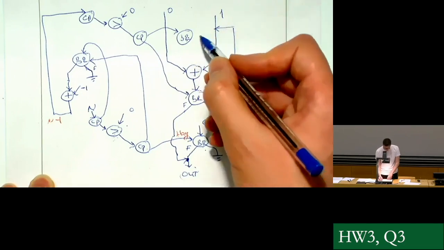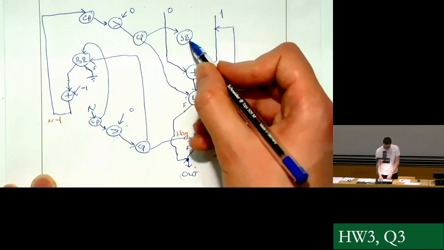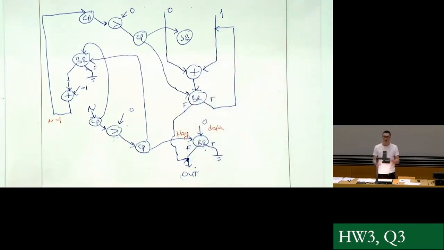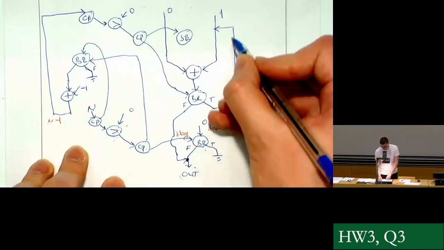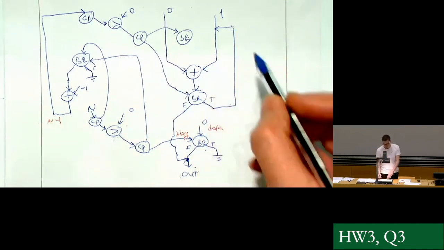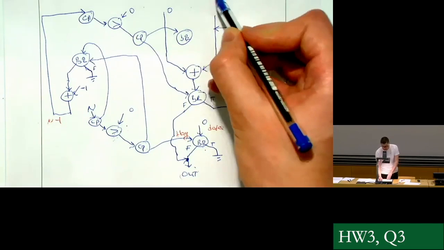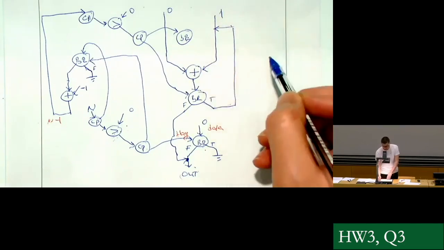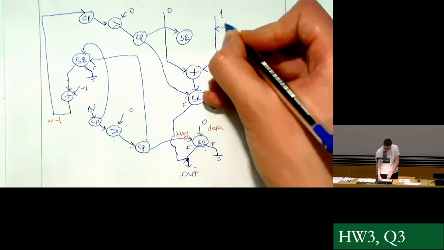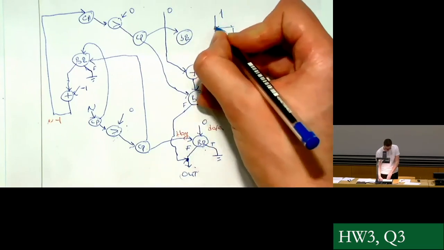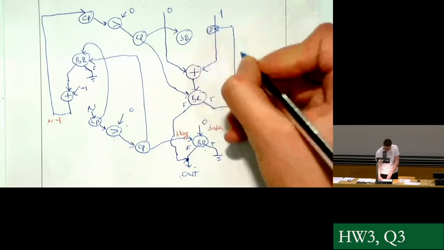But we'll need to forward the same value to this branch logic 2, because this will be the n minus 2, if you will. This data forwarded here is just the result of the previous iteration, n minus 1, but we will also need n minus 2, and we will get it from here. Basically, we will forward this value here and then copy it. So I will put a copy here.